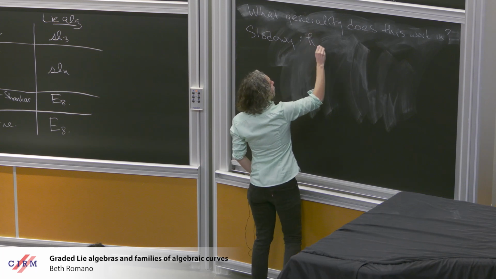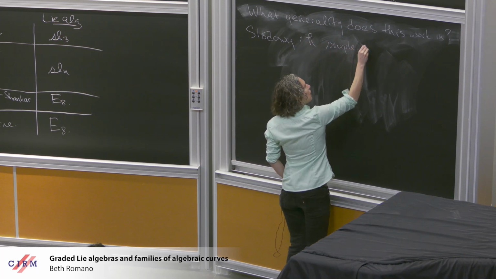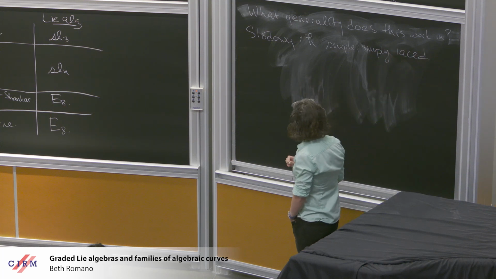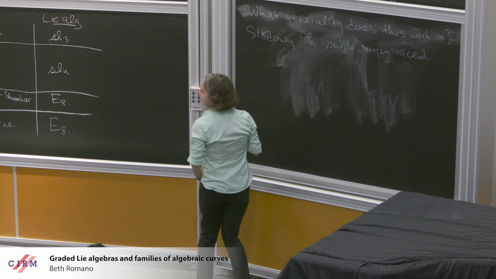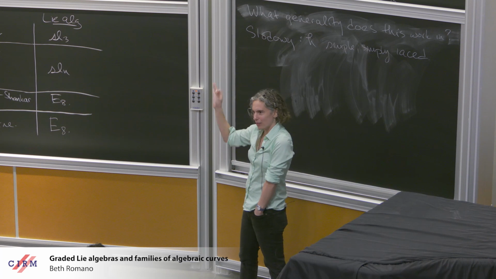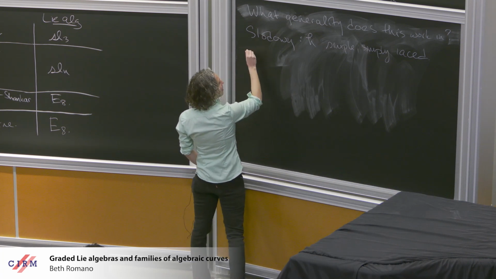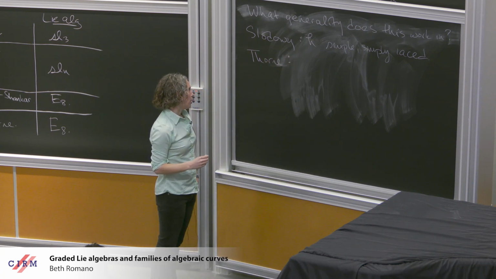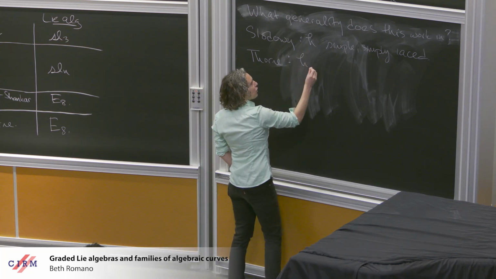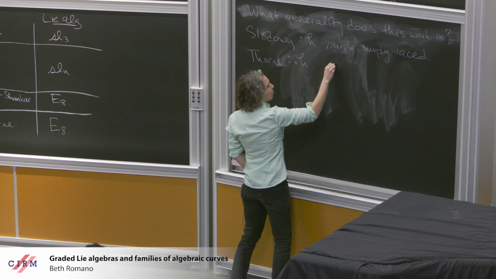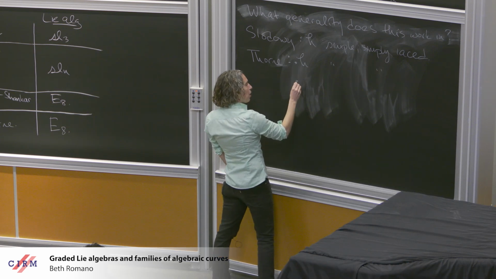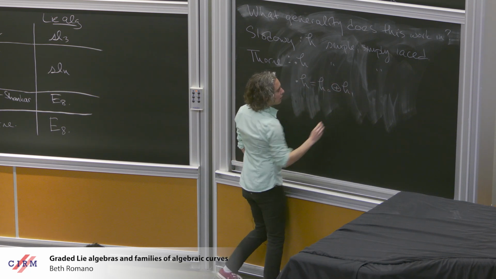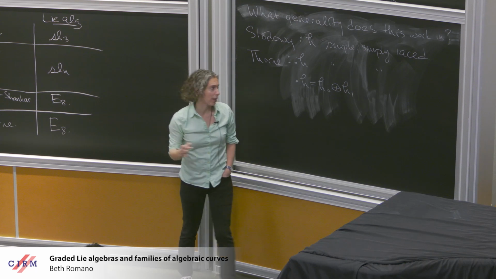So this is h simple and simply laced, so type A, D, E. He did some stuff with non-simply laced, but just for the initial purposes. And Thorne was working with h again simple and simply laced, and also only with 2-gradings. And not only just 2-gradings, what are called stable 2-gradings.